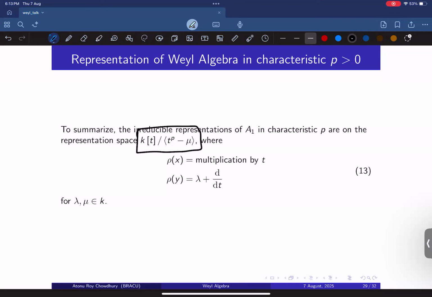Now these are obviously familiar to physics people, right? Because we stated in the beginning that all the irreducible representations for position and momentum operators are multiplication by x and derivative. So in characteristic p greater than 0 as well, that's the case. All the finite dimensional irreducible representations are either multiplication by t or some constant plus derivative.